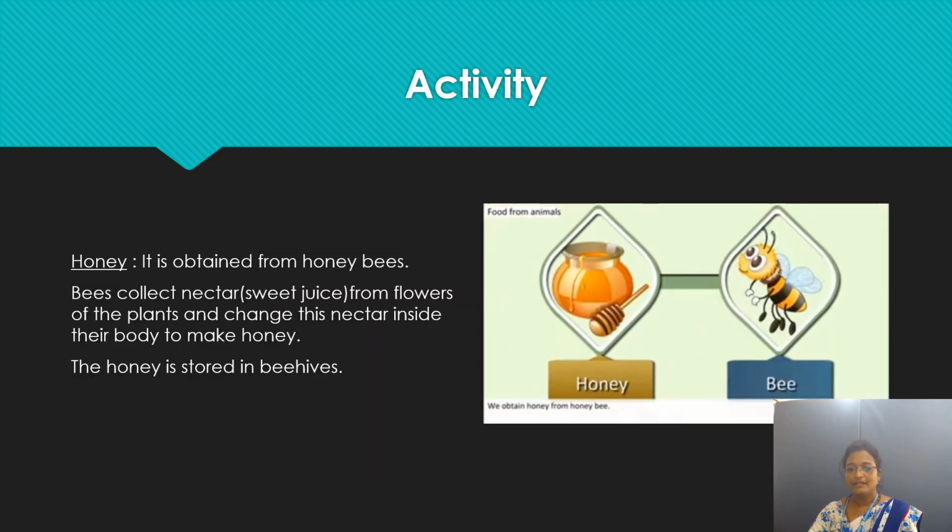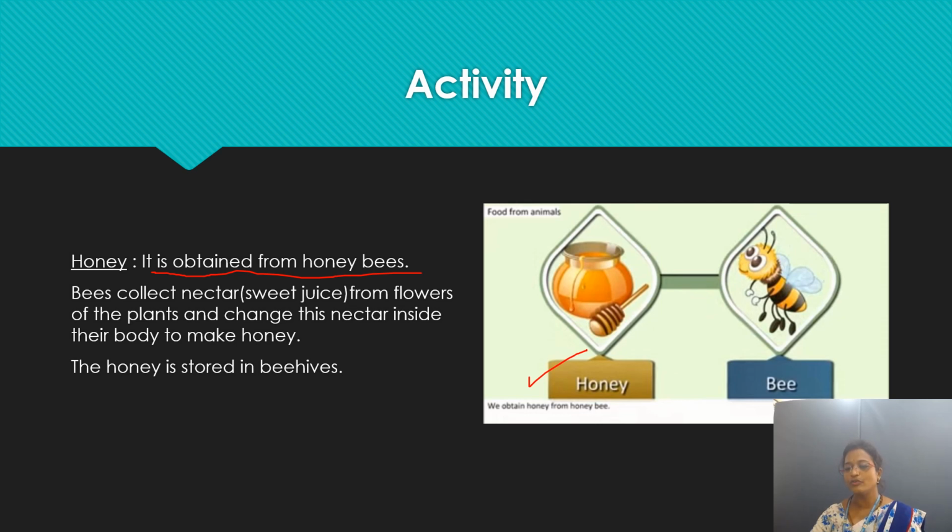Fine. Here there is one more activity based on animal source. Before, we discussed an activity on plant source, and here we will discuss animal source. Honey we get from an animal source. Honey is obtained from honeybees.